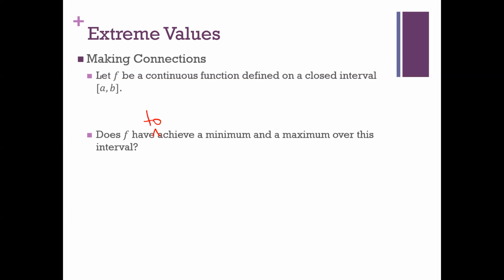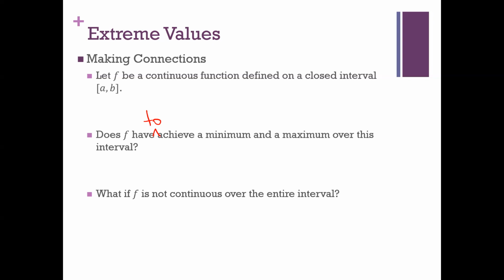So a continuous function, think about what continuous means. Closed interval, so my domain is everything between a and b, including a and b. We believe those maximum and minimum have to exist. So what if I said f is not continuous?